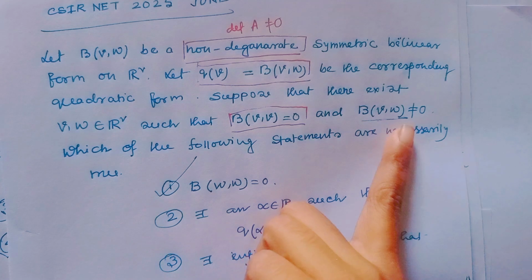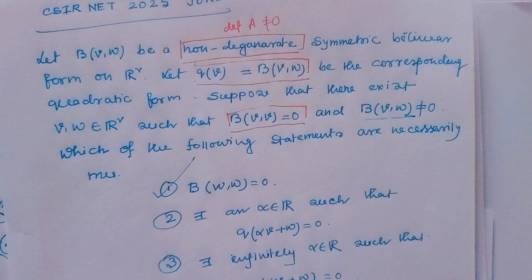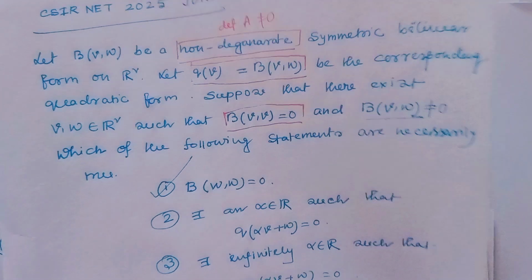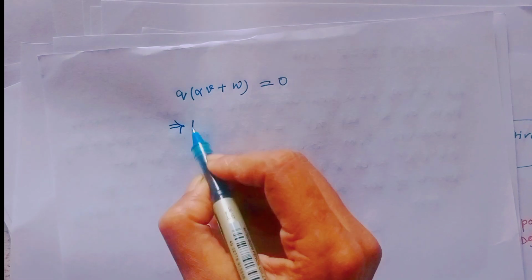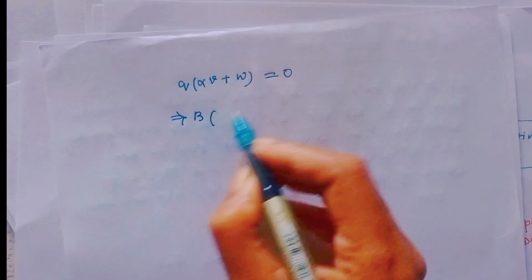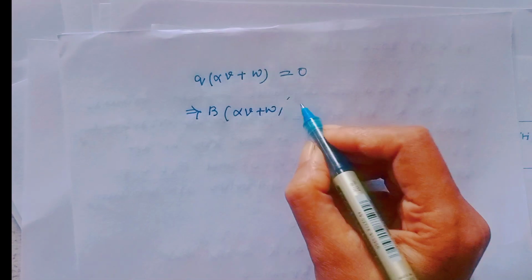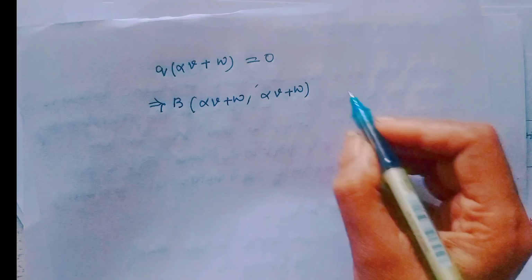Q of alpha v plus w equal to 0 means bilinear form of alpha v plus w with itself equal to 0.